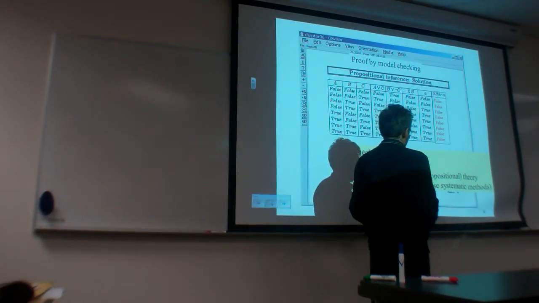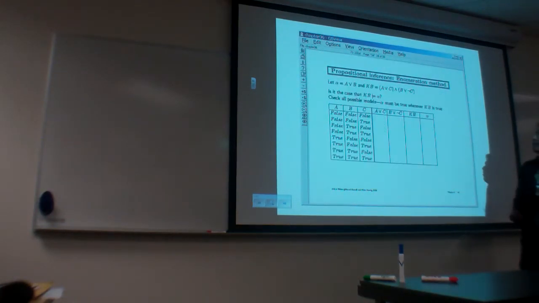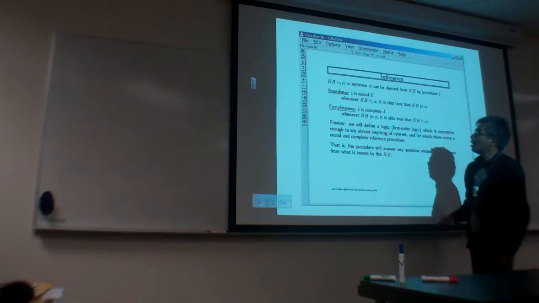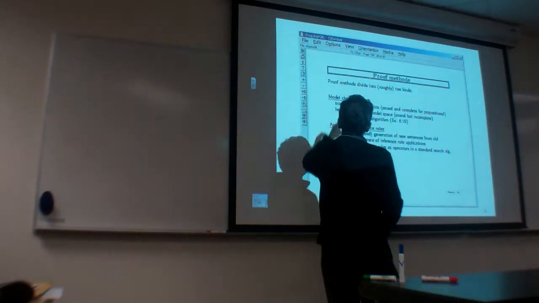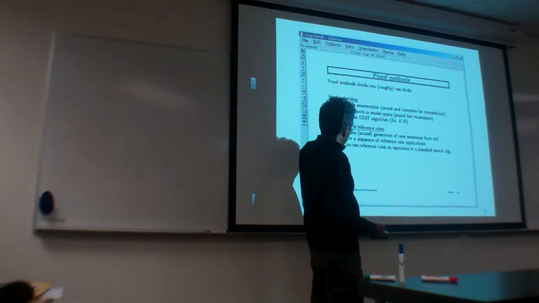last time. If you remember, we were talking about the fact that we can do inference using models, model-based reasoning directly in terms of the models, or using inference rules.